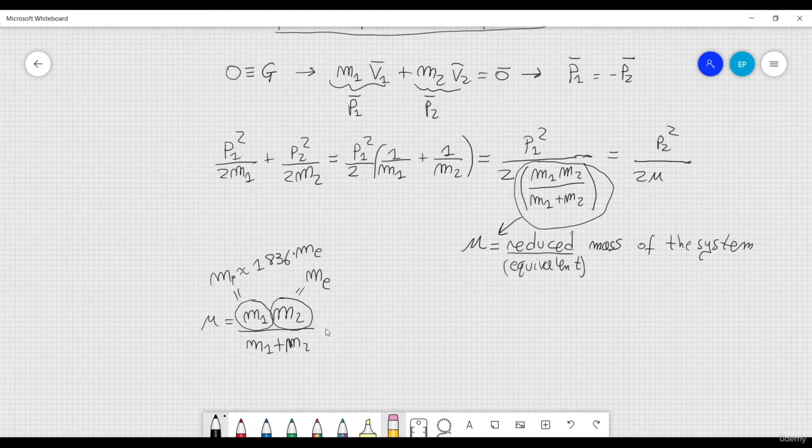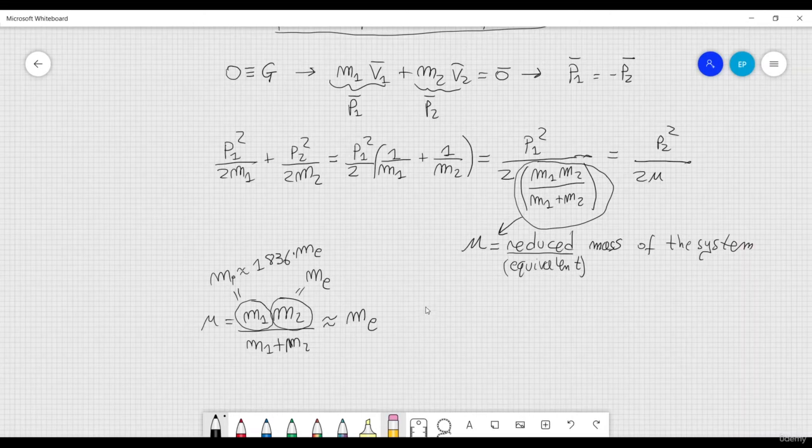And therefore, it means that this is approximately equal to the mass of the electron here, because in the denominator, m1 is much larger than m2, and therefore m1 divided by m1 plus m2 is approximately 1, and therefore here we have m2, which is equal to me. So we see that this equivalent mass is approximately equal to the mass of the electron, okay?